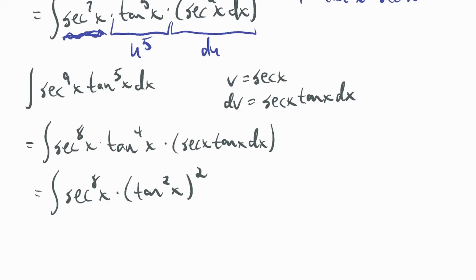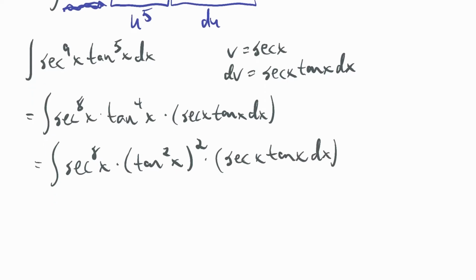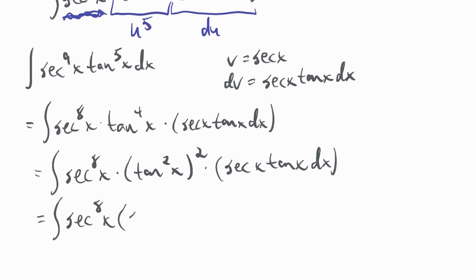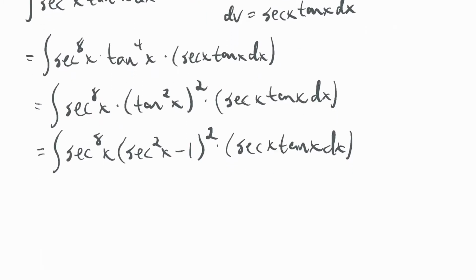You should just do them all at the same time. Okay, so this will be integral secant 8x of tangent squared is secant squared minus 1, squared, of course, times secant x tangent x dx. Okay, so now I get v to the 8th power times v squared minus 1 squared dv.